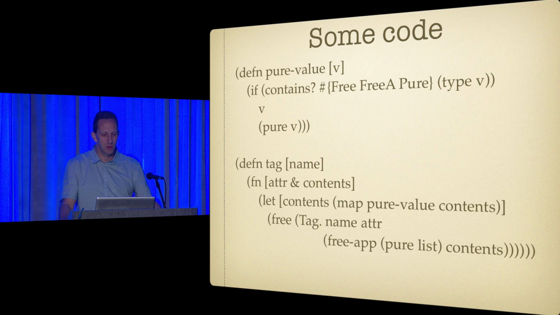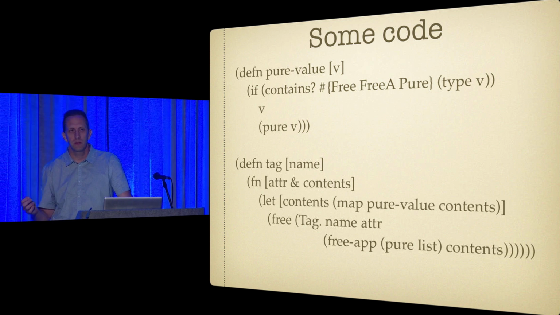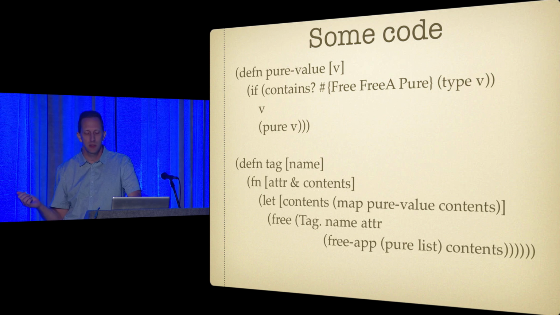So this code is going to take a little bit of explanation, but it's really easy, simple. The top function, pure value, just takes V, and since Clojure is dynamically typed, that can be of any type. So it takes V and just checks to make sure that it is either a free A or a pure type. And if it is, then it just returns it, it doesn't do anything to it.